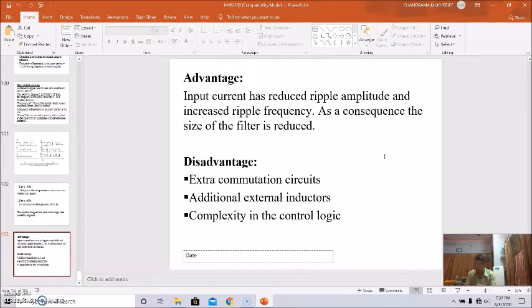These are the advantages and disadvantages.